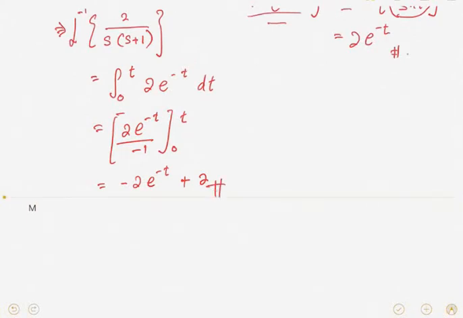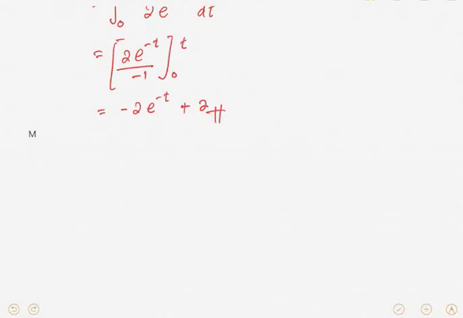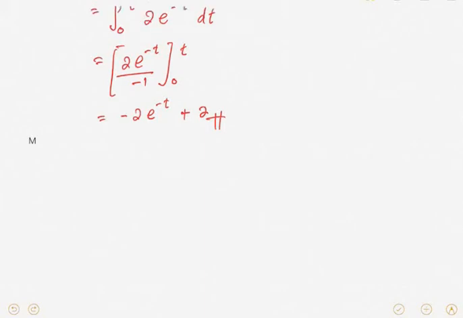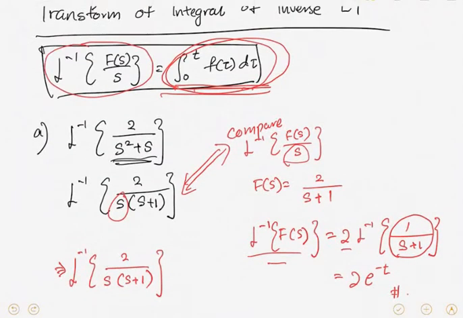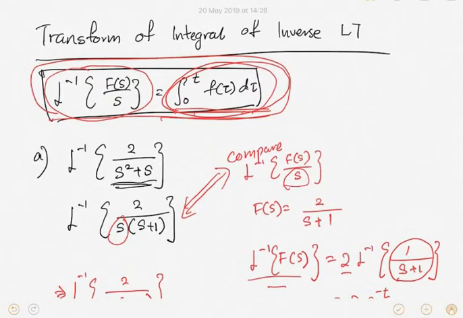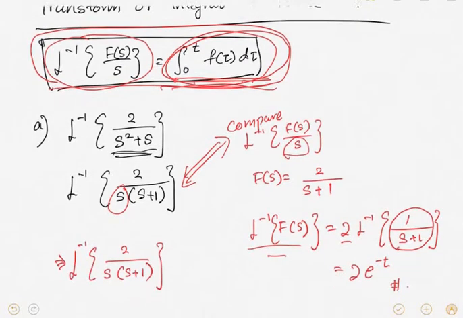If you want to solve this one using the transform of integral, you fulfill the transform of integral format, so we can use the equation, the integration of 0 to t f(tau) d tau.